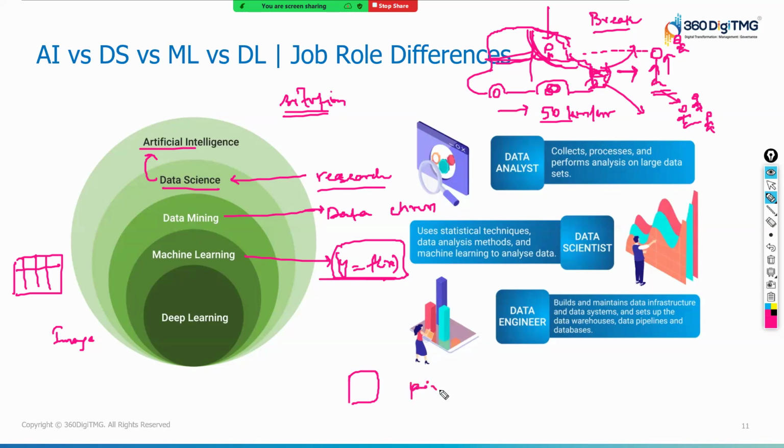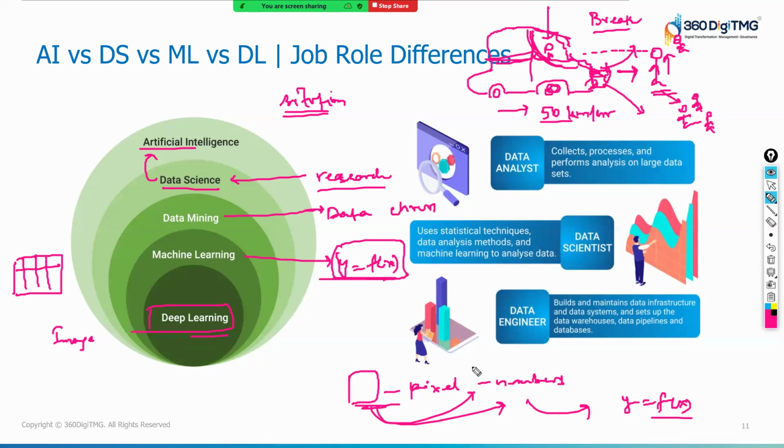So an image contains pixels, which are nothing but numbers again. But how do I ensure that the image is converted to numbers so that I can do operations? That is something called deep learning, because converting this to numbers is one additional step which goes into the process, into a deeper level. Hence, it's called deep learning.